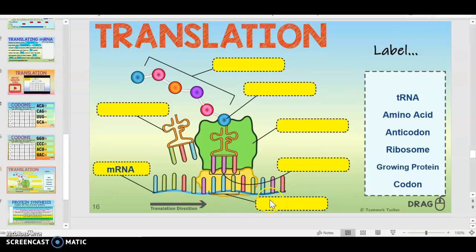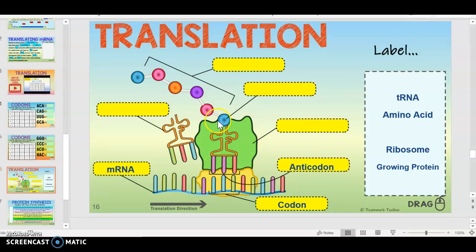All right. Then this bubble is pointing to 3 letters on the mRNA. So those 3 letters are called a codon. Codon. The opposite 3 letters that are on this molecule, or the opposite of a codon, is an anticodon. There we go.